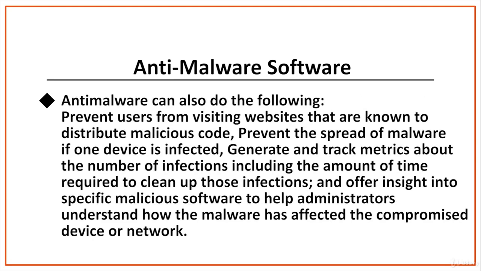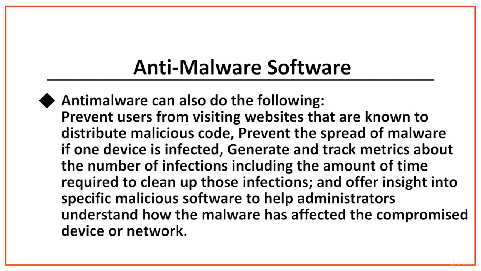Anti-malware can also do the following: prevent users from visiting websites that are known to distribute malicious code. Prevent the spread of malware if one device is infected. Generate and track metrics about the number of infections, including the amount of time required to clean up those infections.